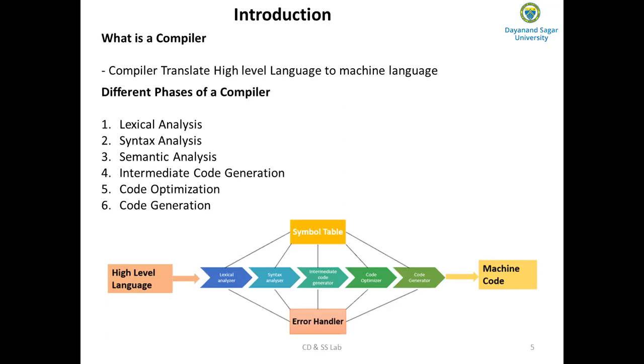It takes the source program as input, reads it one line at a time and generates a sequence of tokens. Examples of tokens are identifiers, variables, constants, and operators.